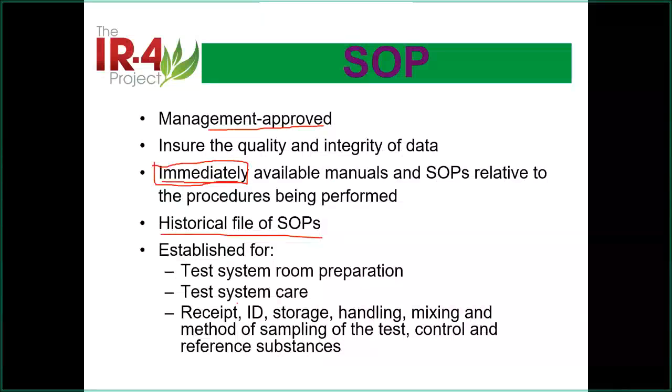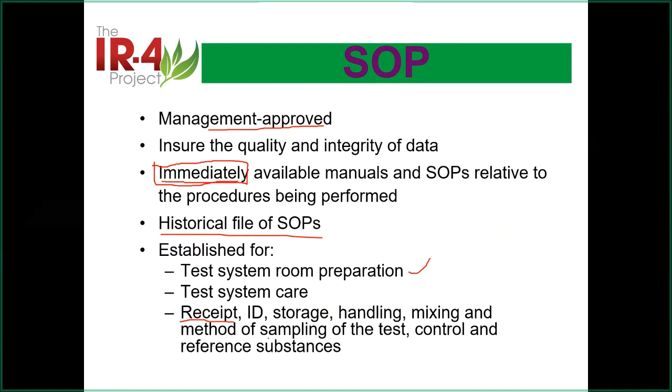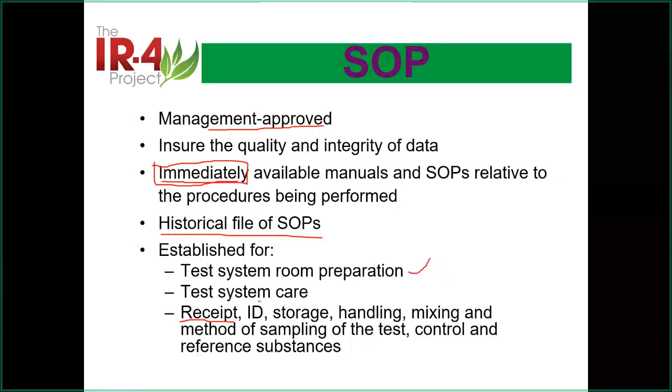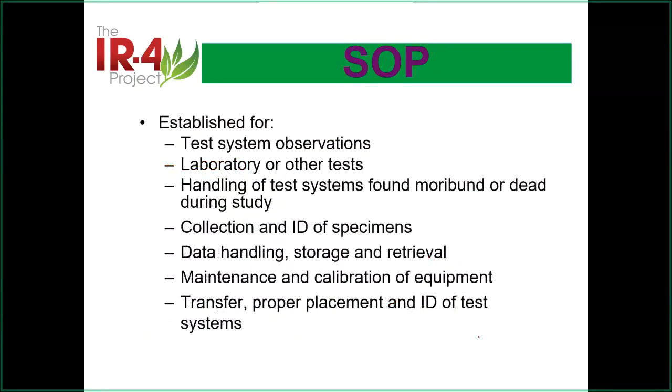The SOP is established for the test system, the site preparation, and all those detailed information. For example, how you receive a sample, how you assign the lab ID for that sample, what is the storage condition, and how you process that, how you extract that, and how you control the access. So that's the detail.